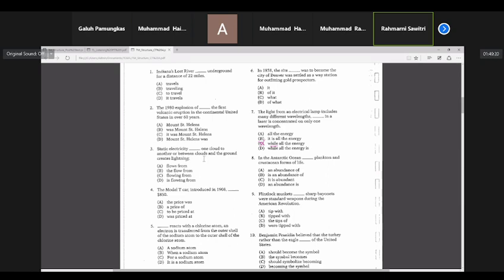Oh, yang benar jawabannya bukan yang C, tetapi yang A. Here we have in the Atlantic Ocean an abundance of plankton and crustacean forms. Oh, sorry, sebentar. Belum ada verbnya ya.